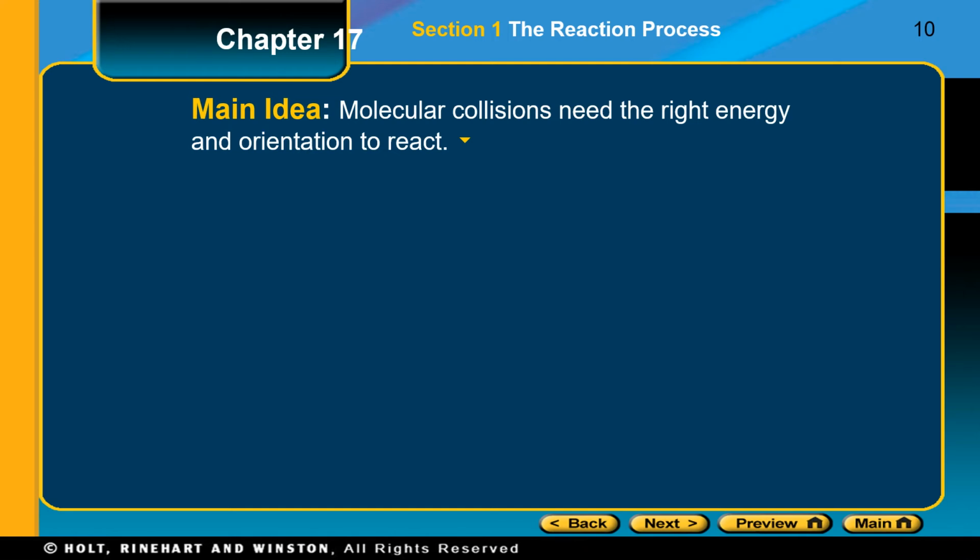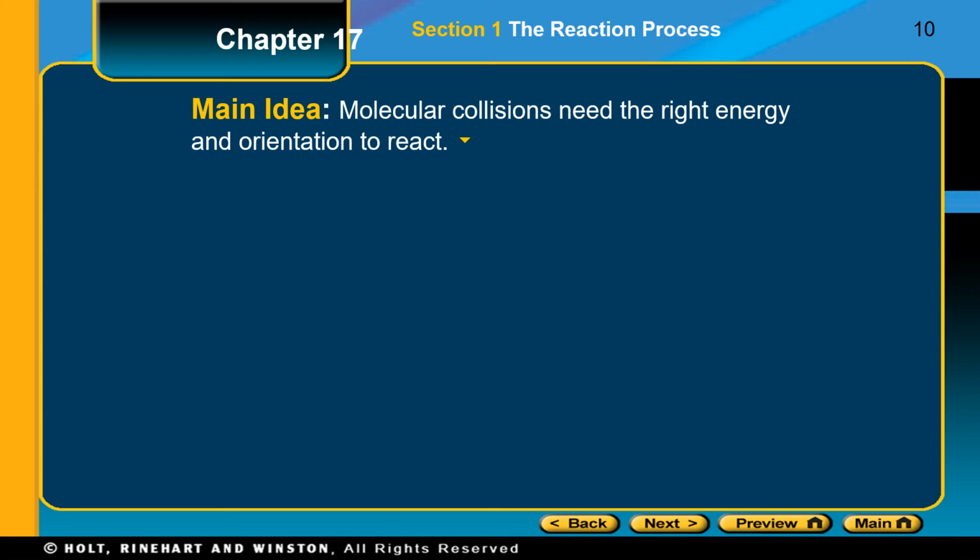So to understand how a chemical reaction occurs, we need to think of this idea that these molecules are actually colliding with each other, and they have to collide hard enough so that they have the right amount of energy, and they have to hit each other in the right orientation.